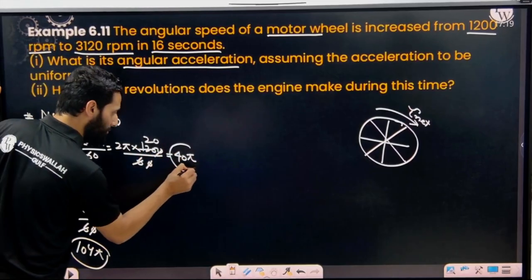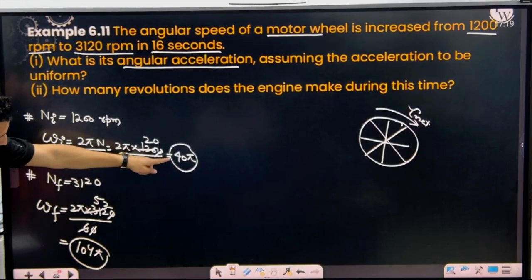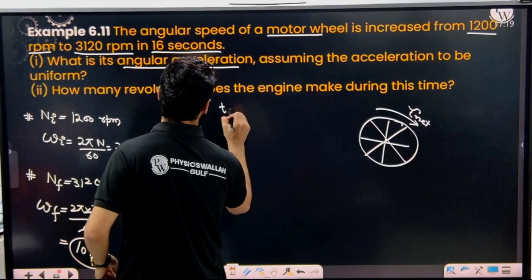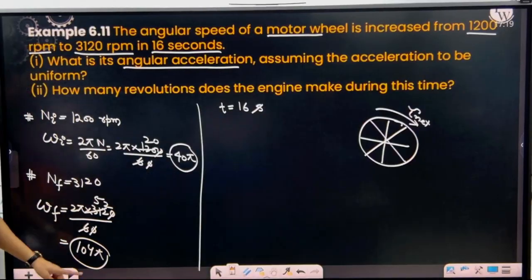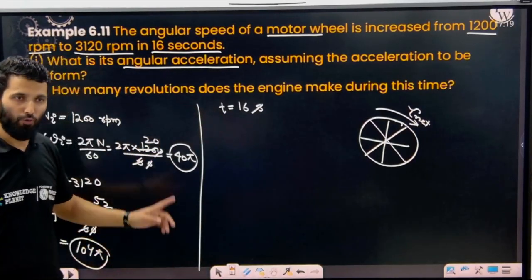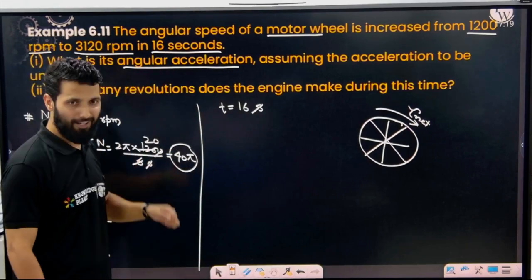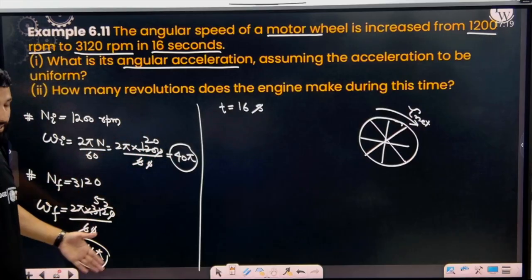Initial angular velocity is 40 pi. Final angular velocity is 104 pi. In how much time does the speed change from 40 pi to 104 pi? 16 seconds. Time is given also. Omega i is given, omega f is given, time is given.